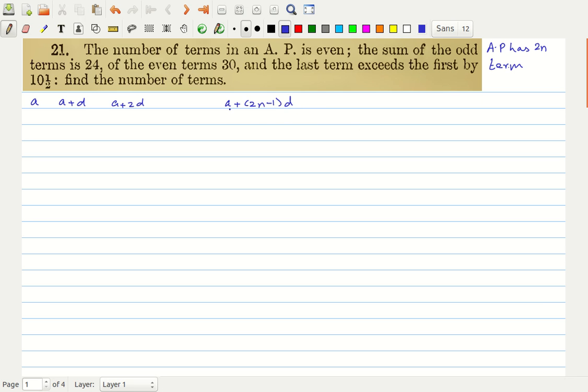Now it is given that the sum of the odd terms is 24, right? So what are the odd terms?